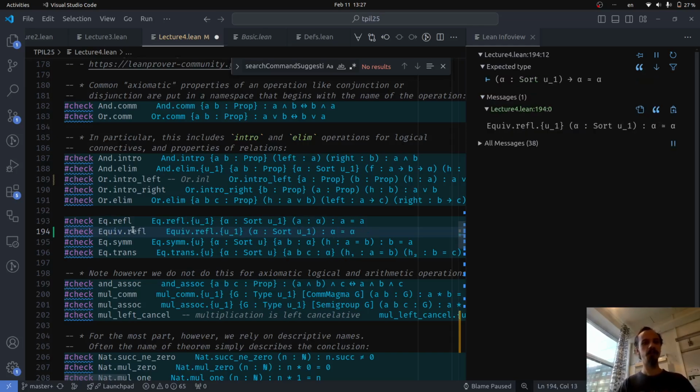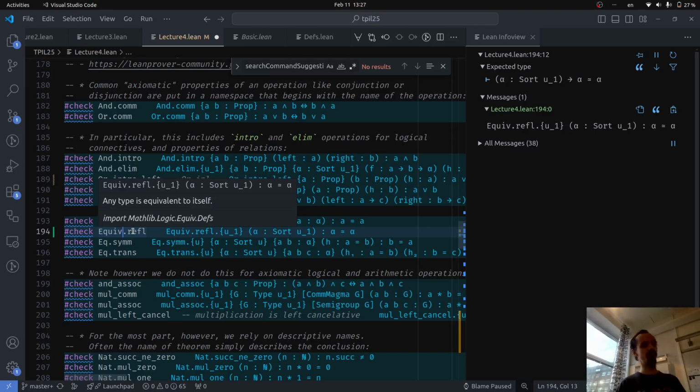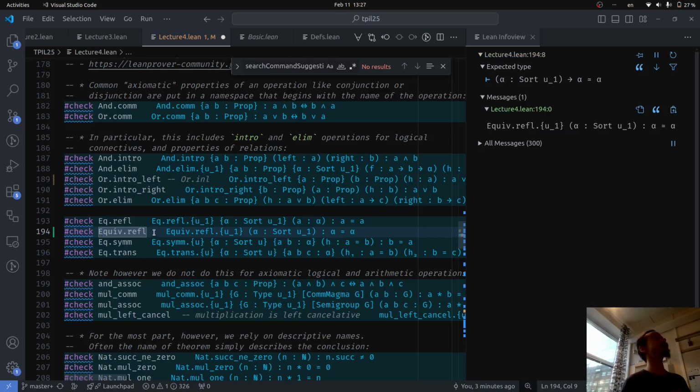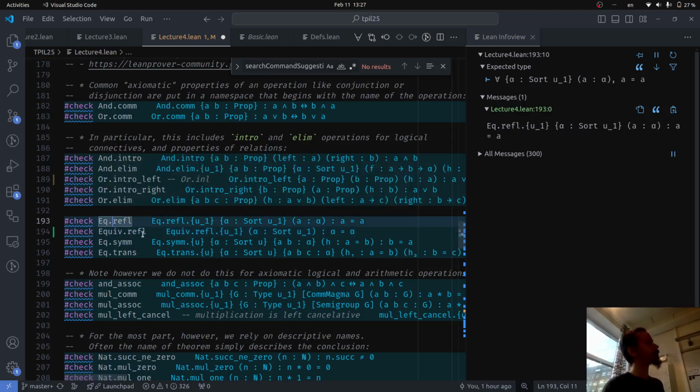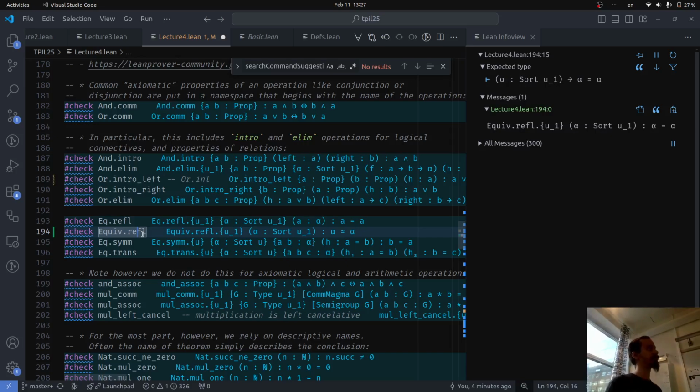There's also reflexivity for Equiv. So Equiv is a relation on types that says that two types are in bijection. And so because of that, this is also an equivalence relation. It has a reflexivity. So we can guess that the name of the fact that something is bijective with itself is going to be called Equiv.refl.